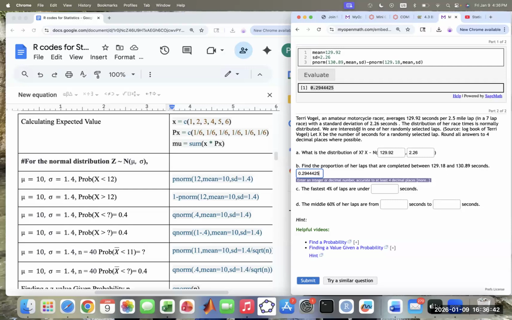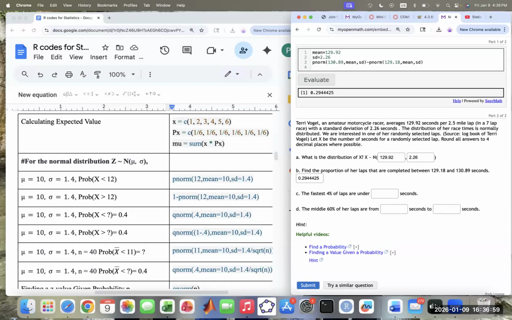Now the next one says the fastest 4%. Remember, when we say fastest, that means less time, so we're going to take the lowest 4%. We want to find out what time that would be. In this case, we're going to use qnorm, the inverse of pnorm. So qnorm, and then we put the probability in there, 0.04, and then the mean again and the standard deviation.